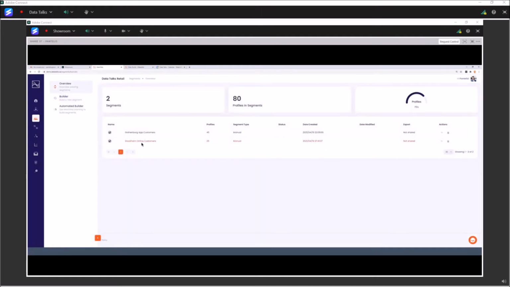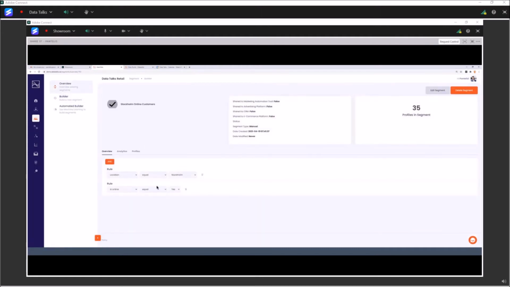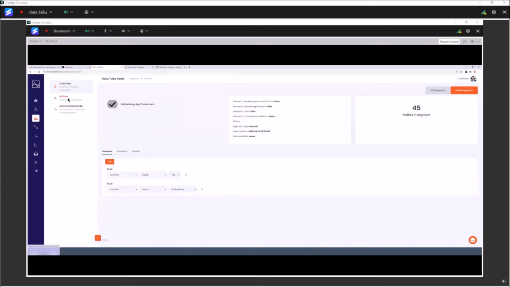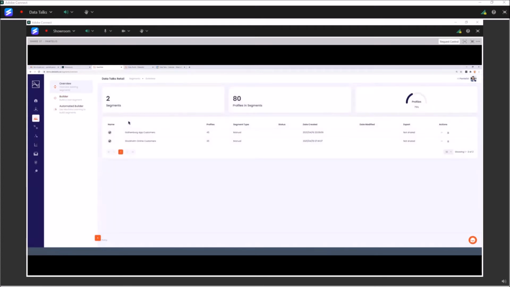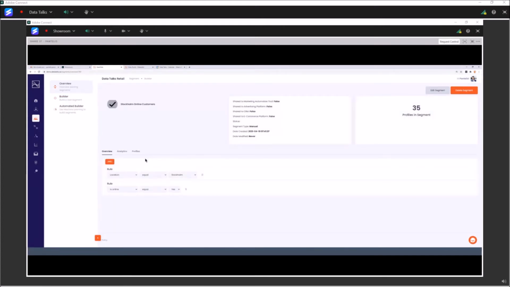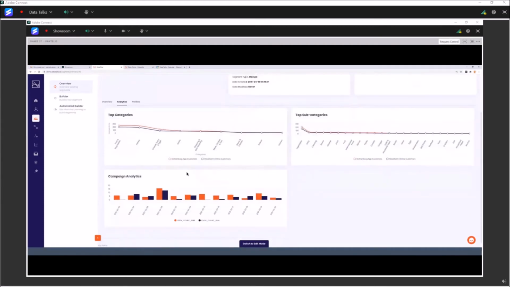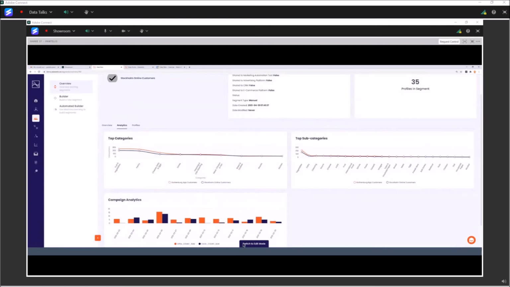If we go back here, we can see that we have defined Stockholm online customers, and we have also defined Gothenburg app customers. And if we go back to Stockholm online customers, we can see through the analytics that you built to describe and analyze your segments.